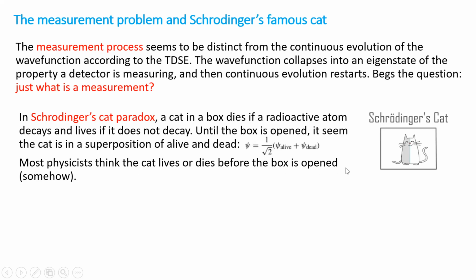It's not clear how that happens, but they think it's too much of a stretch to think we have to open the box to know if the cat is alive or dead, because the cat is a big object. Maybe if it were a tiny electron, it could stay in a superposition for a while, but a cat is just too big, and it strains credibility too much to believe that it would stay in that superposition of states.